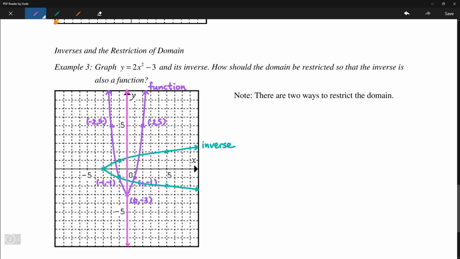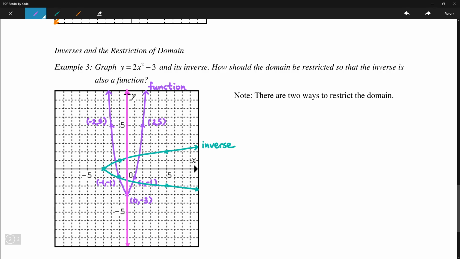So this side here, I'm just going to draw it temporarily on the left, corresponds to the bottom half of the square root function, which, well, not a square root function, but the inverse relation. Okay, and likewise, the right side of the original parabola corresponds to the top half of the inverse. So that would certainly be a way to restrict a domain.